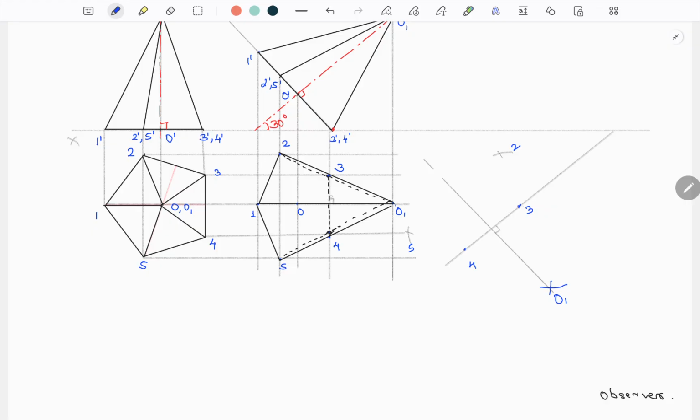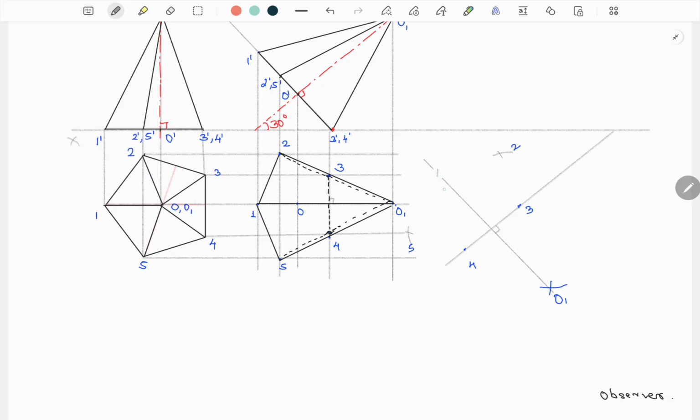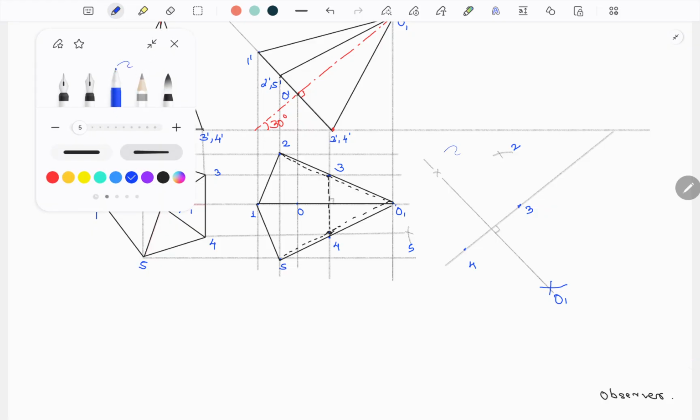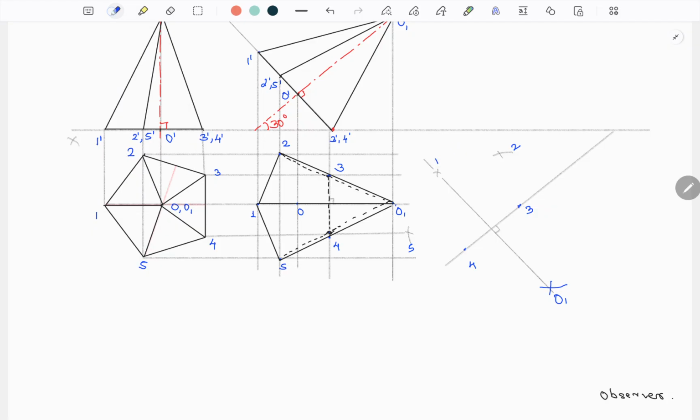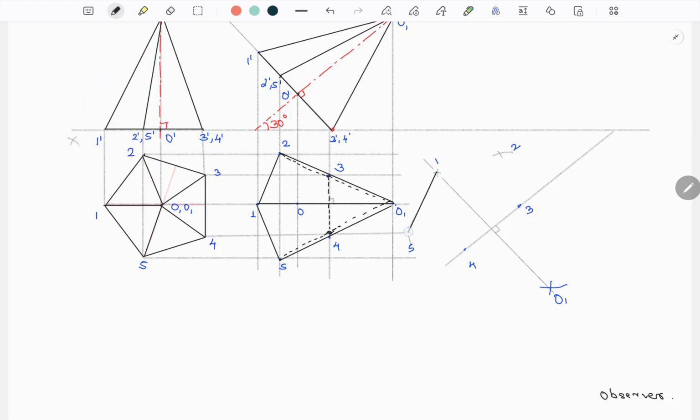Now you can take the distance 3 to 1 in the compass. 3 to 1, you cut an arc, 4 to 1, you cut an arc. Then you can connect all those points with a dark line. This is my point 1, you connect it with a dark line. 1 to 5, 5 to 4, this will be drawn as a hidden line.